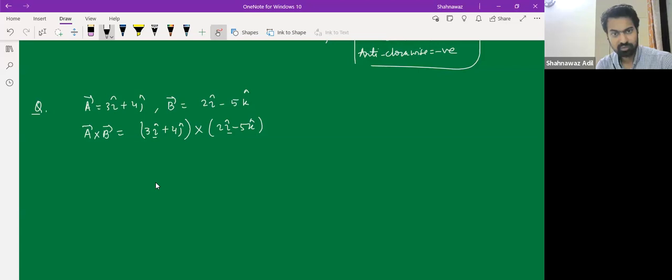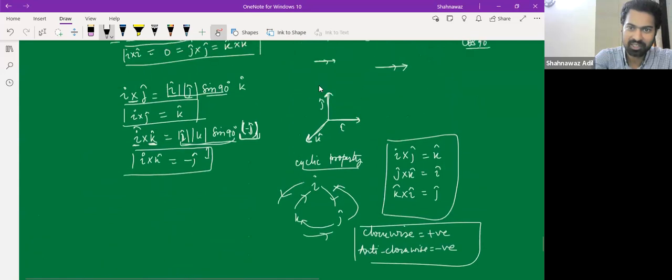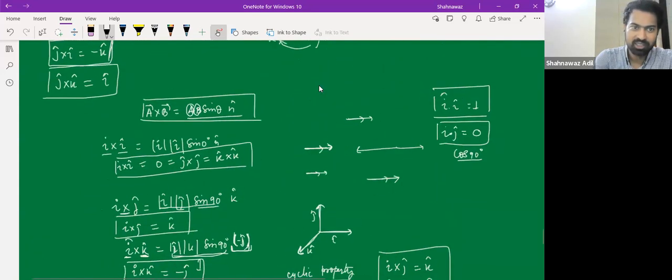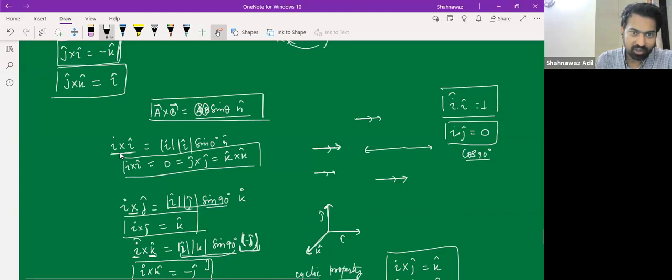I cross I. Rishita, Afaf and Akib, just remember that I cross I is 0. This is just the opposite of the dot product.